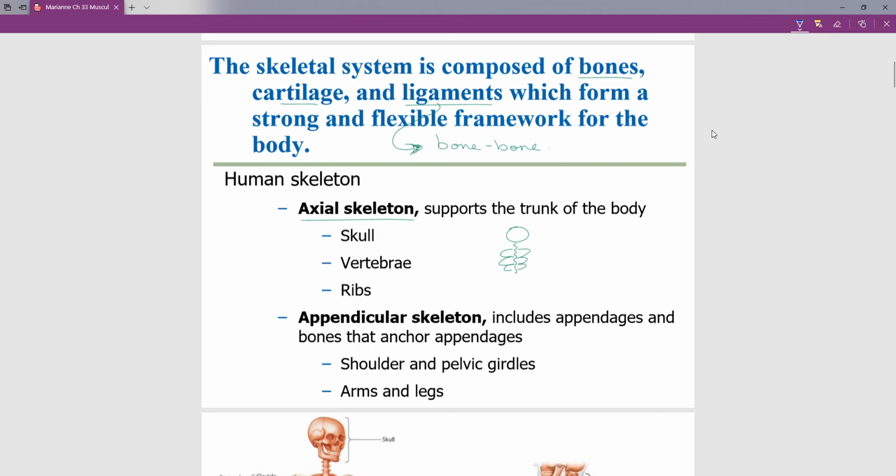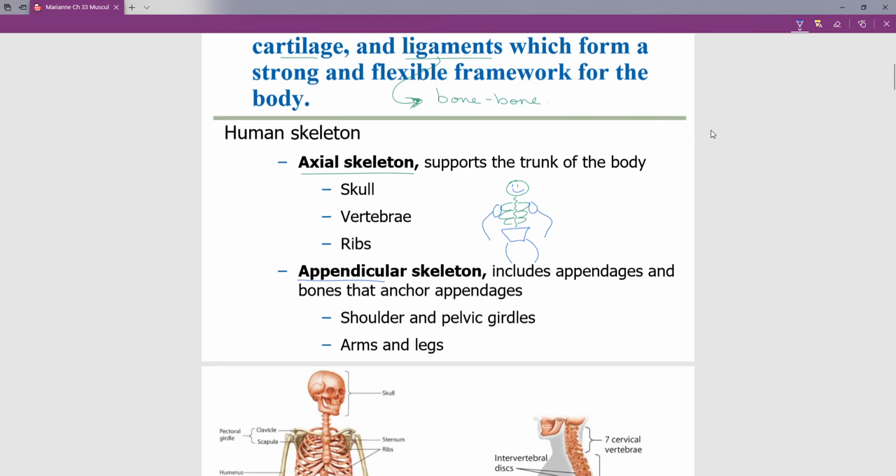So that would be your shoulders and pelvis, and your limbs, your appendages for appendicular. And so that basically is a funky looking skeleton, but illustrates the two different sections of your skeleton. There's a much nicer diagram on the next slide.